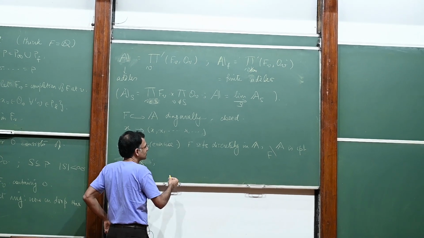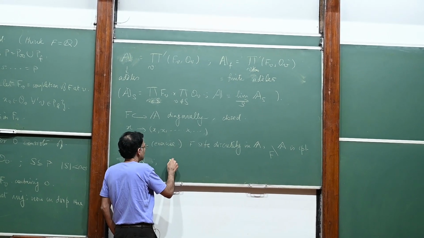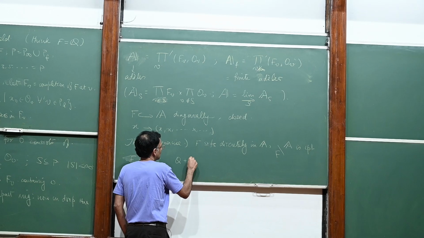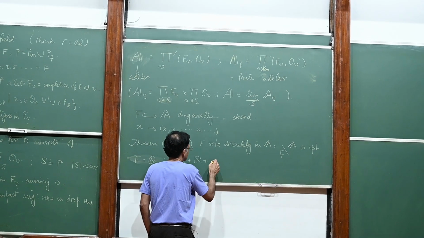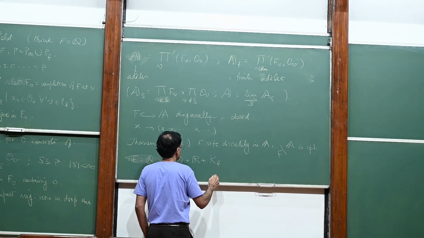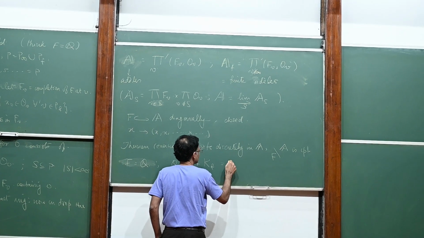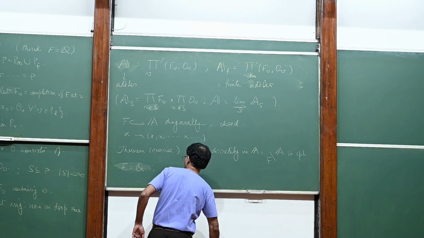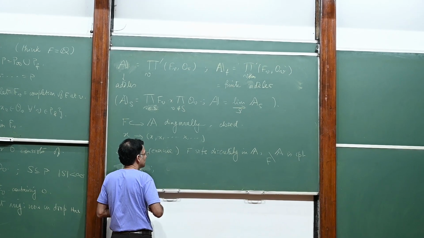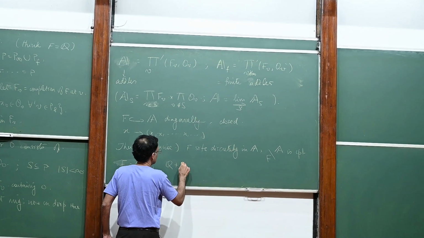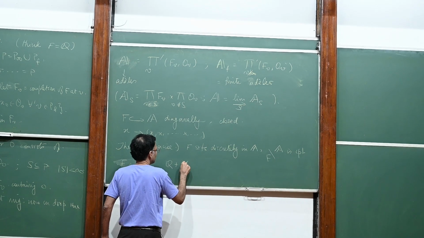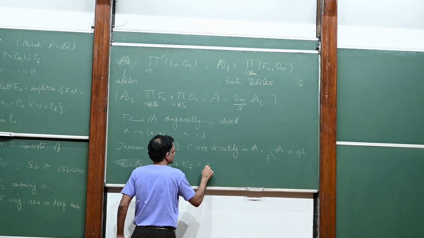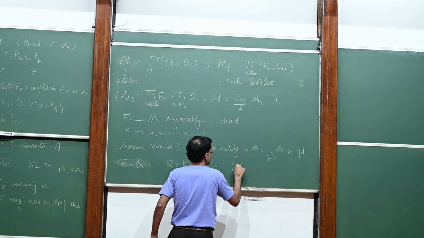more or less as a consequence of these ideas, the fact that Q plus R plus KF is nothing but A. So maybe first, I'll say Q plus KF is nothing but the finite adeles. What is KF?